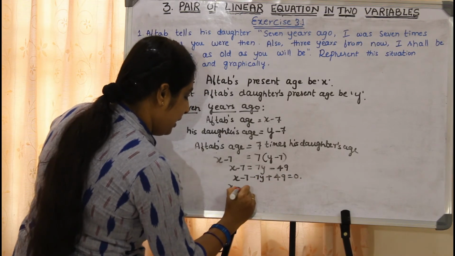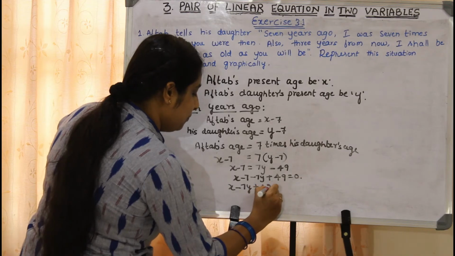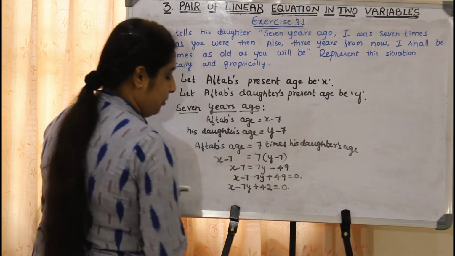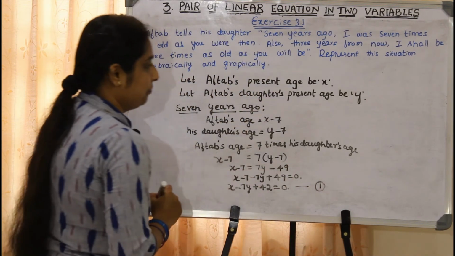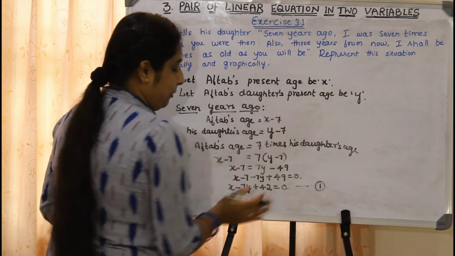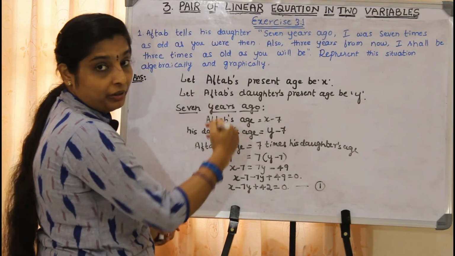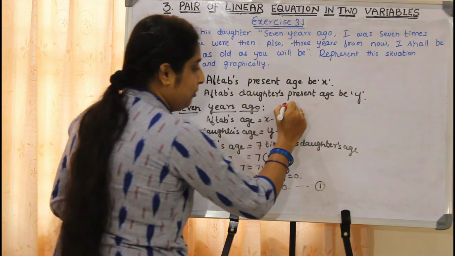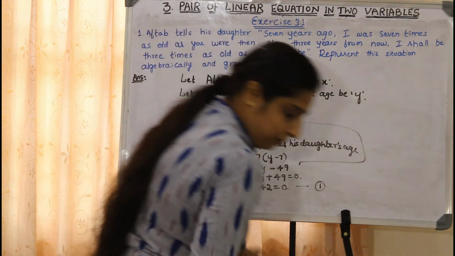Or you can write it as x minus 7y plus 42 is equal to 0. This is our first equation. Let us go to the second part. I don't have space here, so I am not writing here. You are going to write it one below the other. Okay? So let me take the other marker.